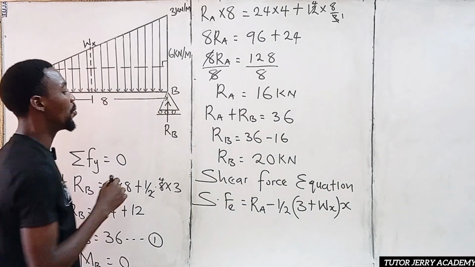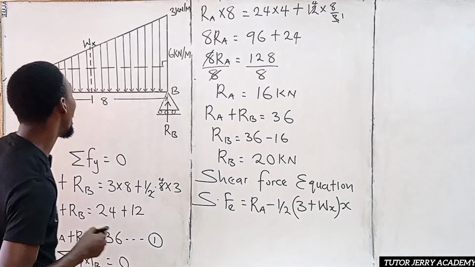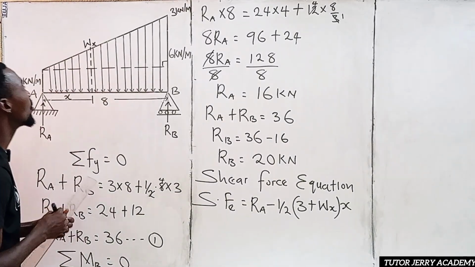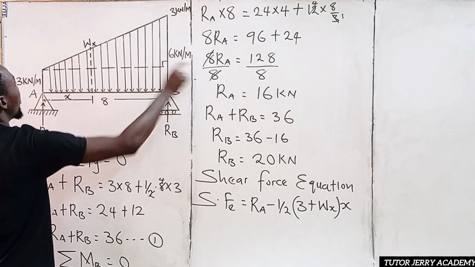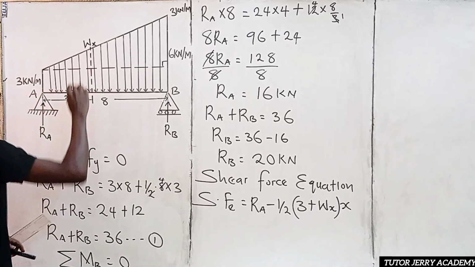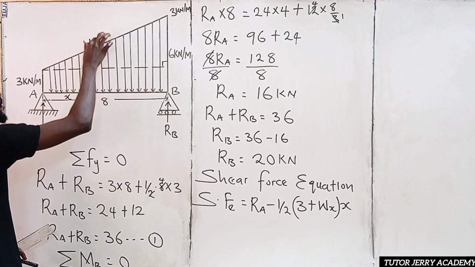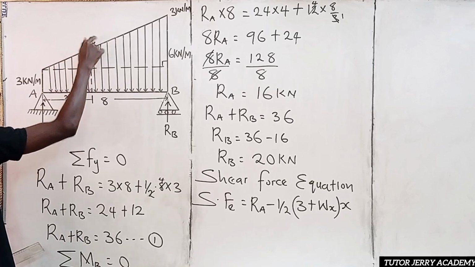But we don't know what our WS is. How do we get that? We are going to consider similar triangles. We have a bigger triangle here, and from this point we have another triangle. This place is going to be WS minus 3, because from this point to this point is 3, while the whole length here is WS.